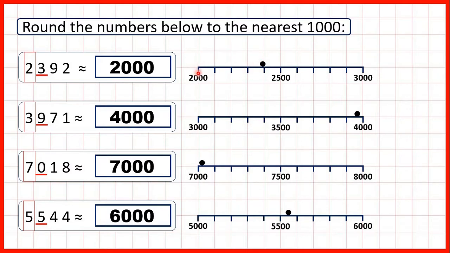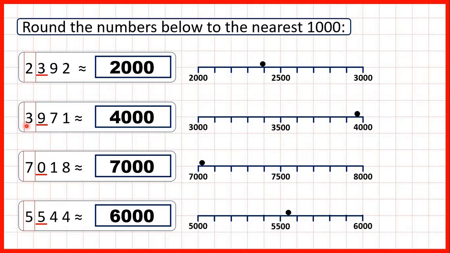So for this first number line, we would have 2,000, 2,100, 2,200, 2,300, and so on. Remember, 2,500 is going to be right in the middle of 2,000 and 3,000. So here, 2,392 is just a little bit less than 2,400. But because it's less than 2,500, we know that we round down.